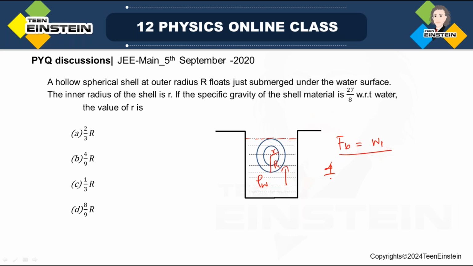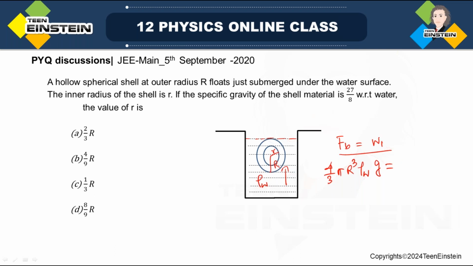I can write the volume, 4/3 pi. Now what is this R you should take? See, this liquid actually is displaced of this much volume, the volume of capital R. So that's why I have to take capital R cube. Then rho W, this is the mass, and then g is weight.